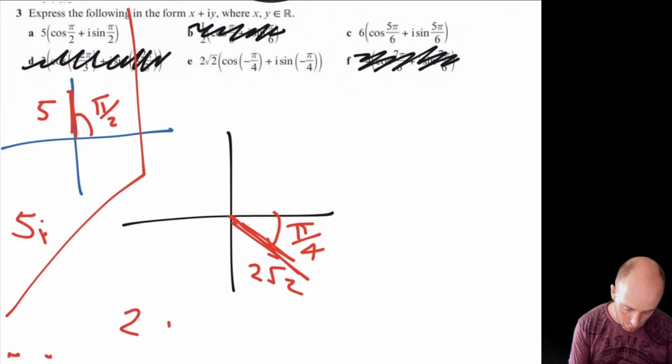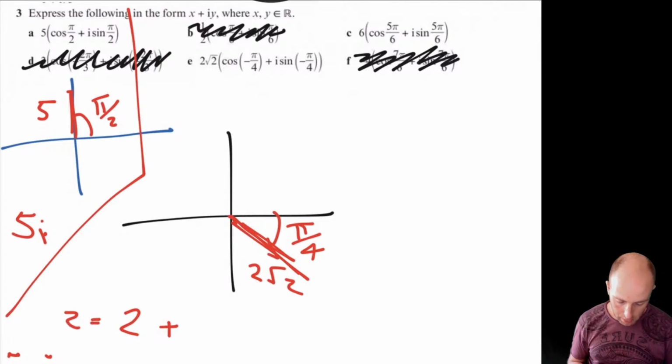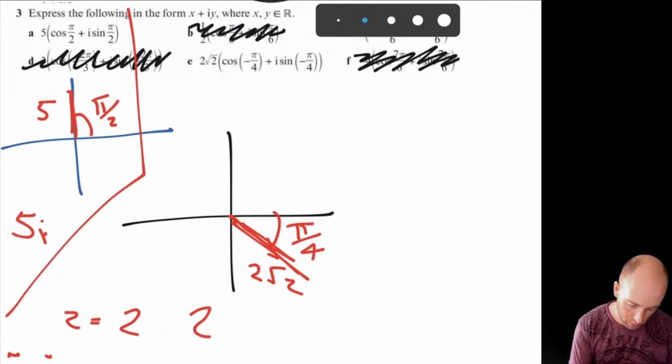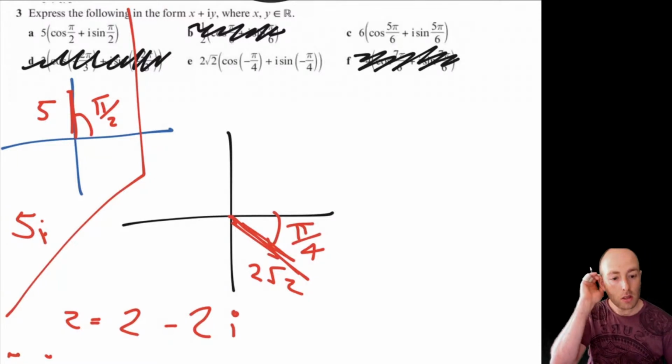So we're going to get 2, plus the imaginary bit, which is going to be 2 root 2 sine pi by 4, which gives me 2 minus 2i, even. There we go.